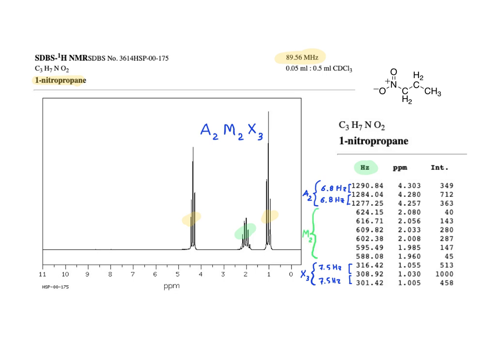The apparent sextet, in fact, is going to be a mixture of the 6.8 and the 7.5 Hertz couplings. So this is, in fact, not a true first-order spectrum for the M2 resonance, although we can say that it is an apparent sextet.